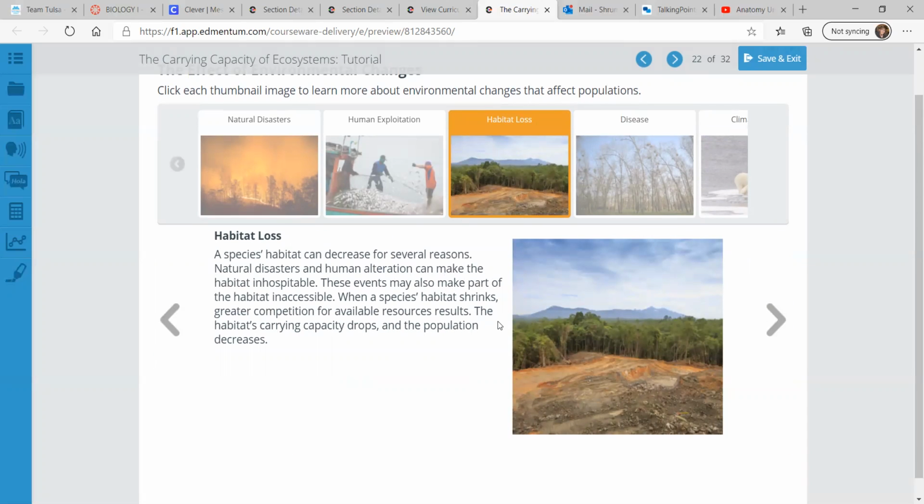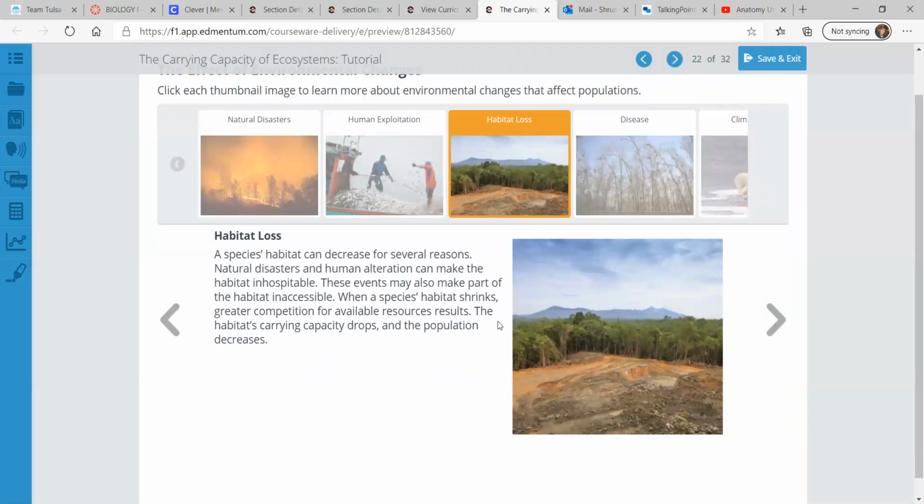Habitat loss. A habitat can decrease for several reasons. Natural disasters, human exploitation or alteration can make that habitat inhospitable and may make that habitat inaccessible to the species previously able to access it.